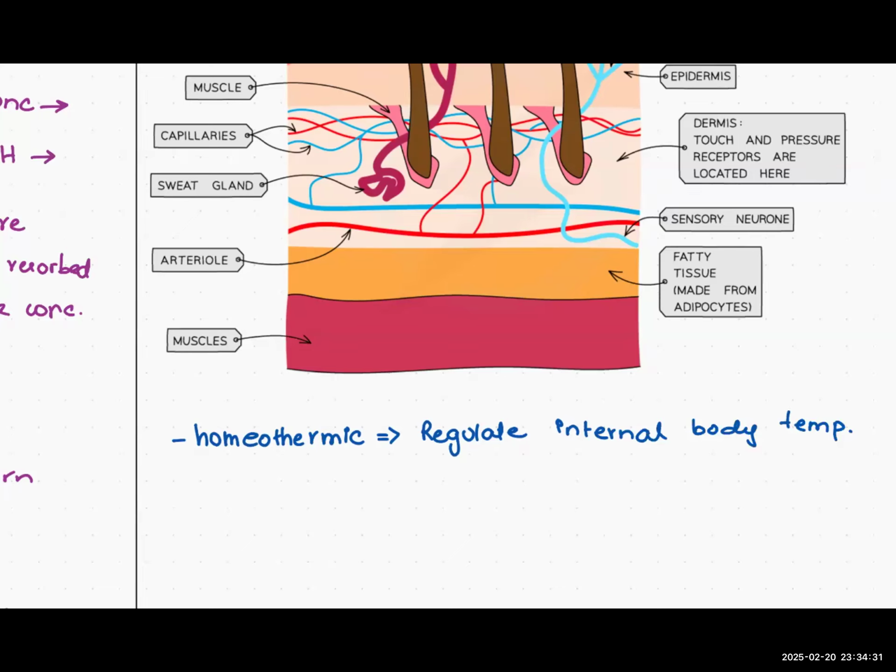On the other hand, cold blooded animals are like your reptiles, and they cannot regulate their body temperature, so their body temperature changes with changes in the external environment. That is why a lot of fishes, if you change their water temperature, can easily die.